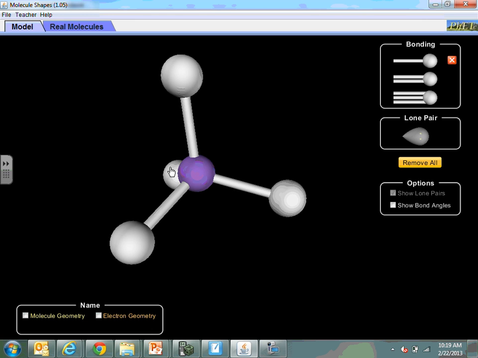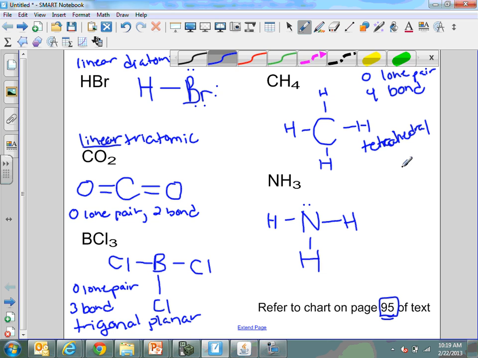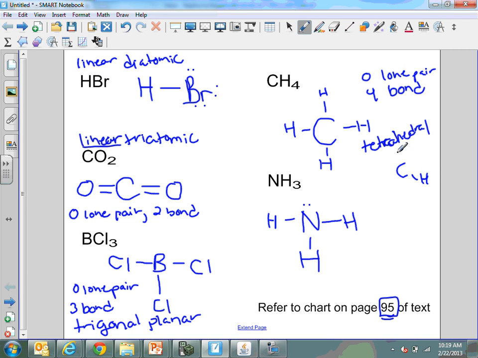This one back here is sticking out behind. This one is sort of popping out of the screen. If we were to draw the VSEPR shape for a tetrahedral, you indicate this by using dotted or solid lines. So the one that's sticking out would be a thicker solid line, and the one that's in the background we show with a dotted line.